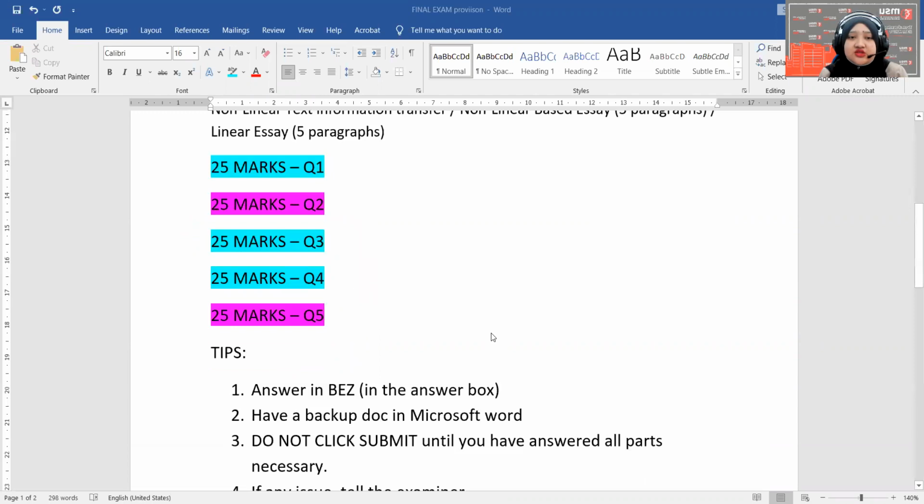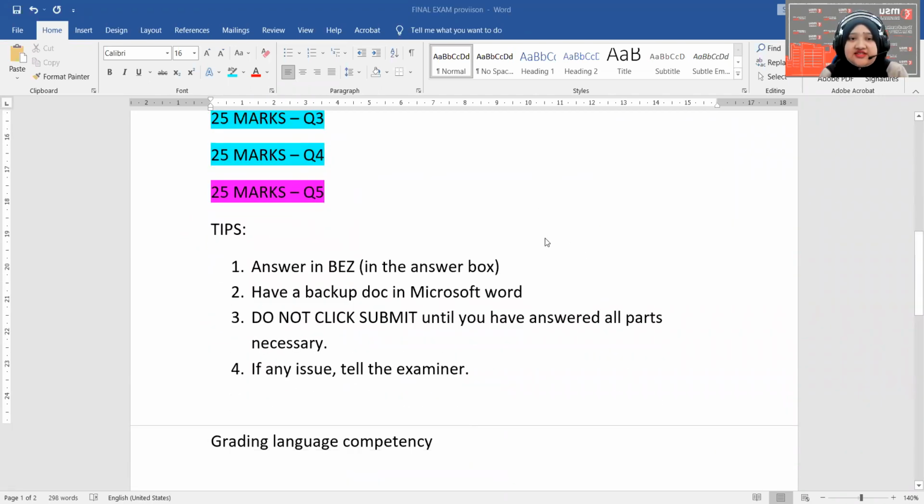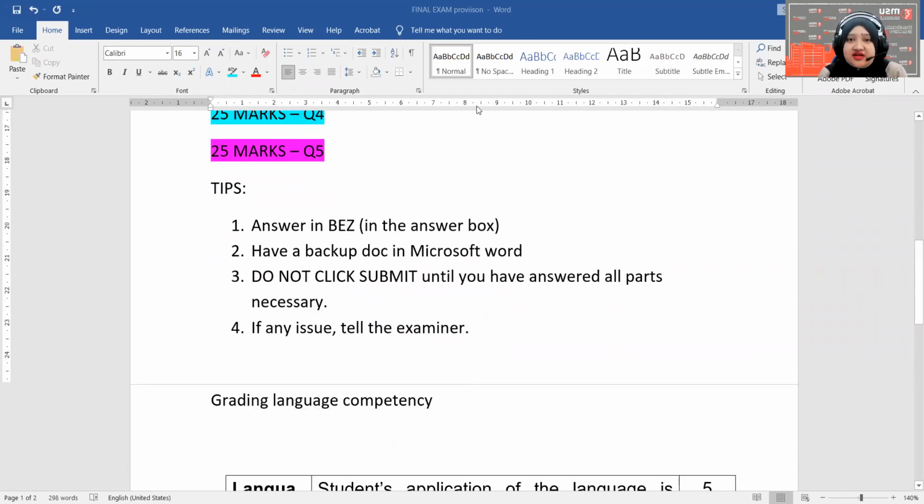Some of the tips that you could consider during the examination: make sure that you are using your laptop. Log in early, because if you wait until the last minute, there will be traffic. And when there's traffic, you will have to keep refreshing and refreshing the page.